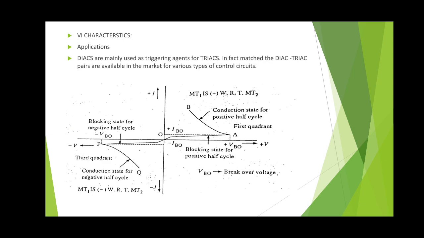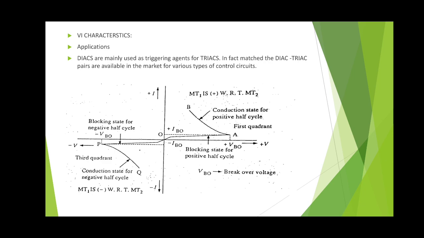So when we observe the figure, we see that the characteristics are identical in the two quadrants, that is, in the first quadrant and in the third quadrant. Let us understand how it works. Here we have indicated plus V and plus I because the MT1 terminal can be positive or negative.